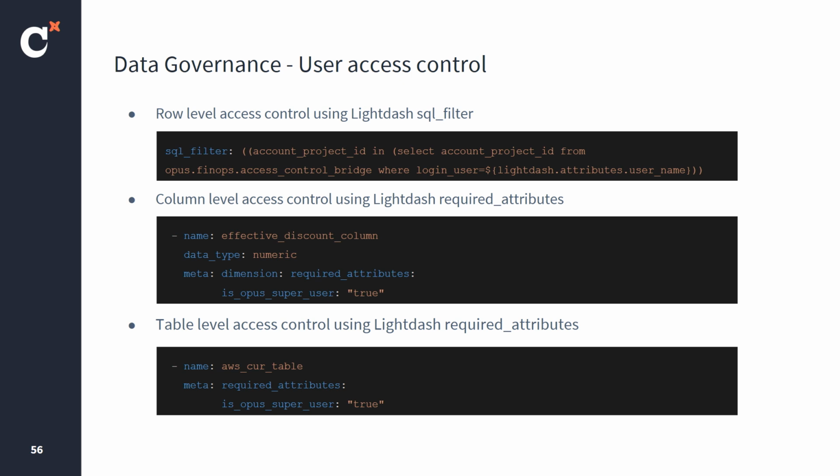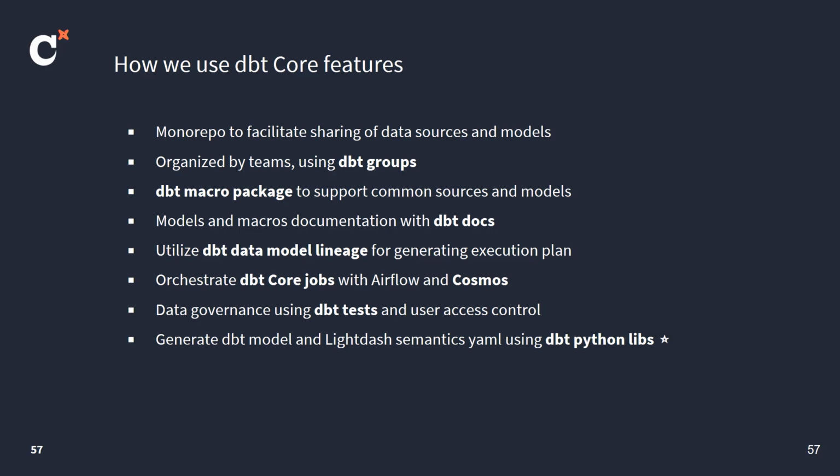So when the models get published in Lightdash, and they open up the charts or dashboard, if you don't have the access, that underlying query will block you from querying that data. And similar things with column and table level access. All these things are defined within the dbt model specs that I showed earlier.